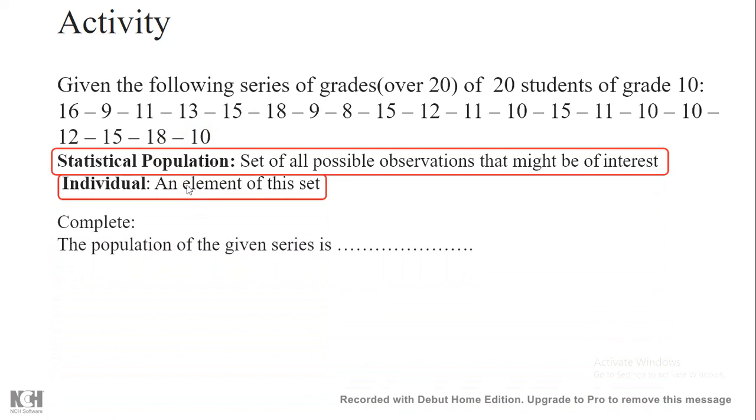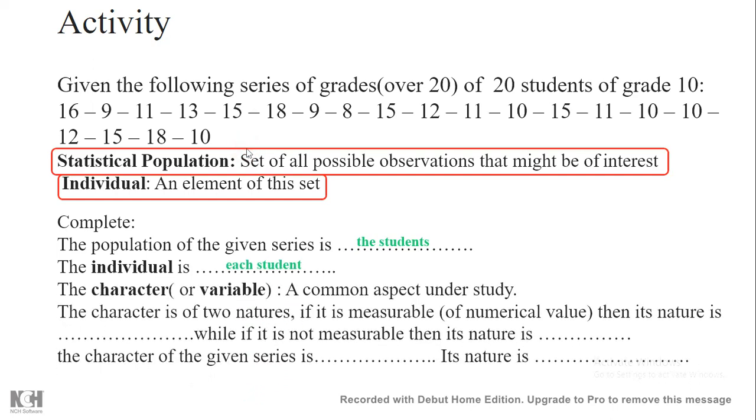So we are asked to complete: the population of the given series is the group from where we take our data or the grades, in this case the group of the students. The individual is each element of this population set, which is each student.